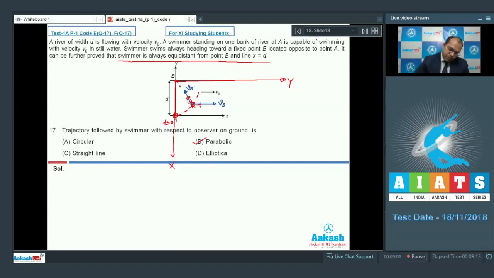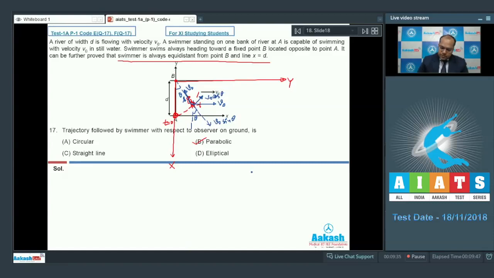Let at this moment the radial vector make an angle theta, and the distance of the swimmer from point B be r. If I take this angle as theta, then extending this, the angle from the vertical is also theta, and the component of v0 in this direction is v0 sin theta, and the component in this direction is v0 cos theta.